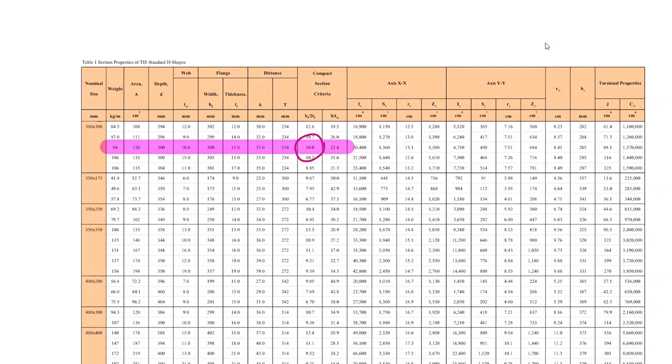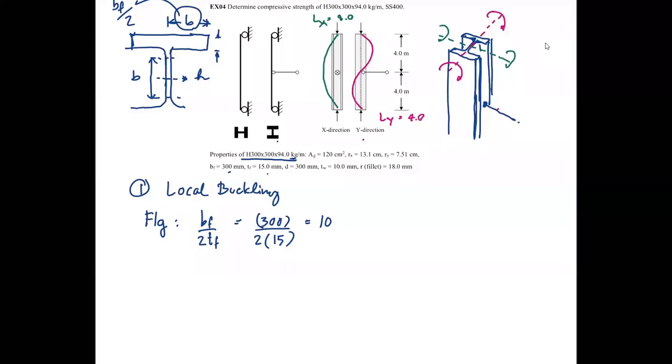Okay. We now come back here. So you can either calculate or you can pick the number from the table. This is 10. So we are comparing this with, because it's the flange, it's the unstiffened element, and so the limit is, use this one, 0.56 square root E over Fy.